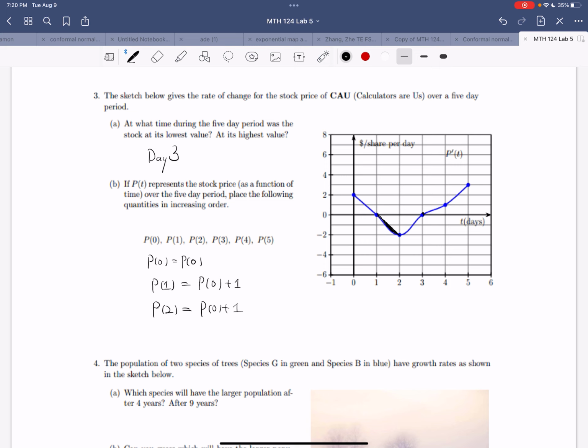Let's call this little shaded area epsilon. Minus 1 minus epsilon. So this should be P0 minus epsilon, where epsilon is a very small number.